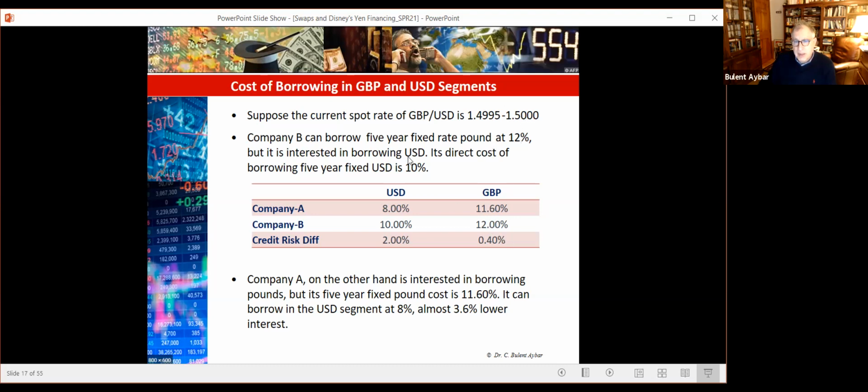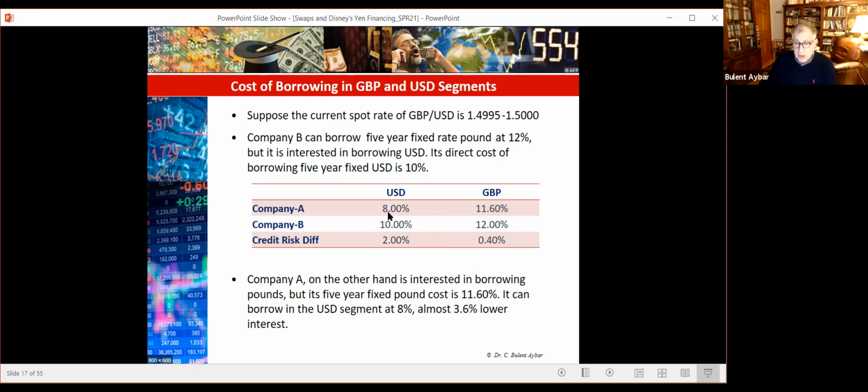But the company is interested in borrowing US dollars. So if it did so directly, its US dollar borrowing cost would be 10%. The company A, on the other hand, is interested in borrowing pounds, but if it did it directly, it would be able to borrow at about 11.60% interest rate.